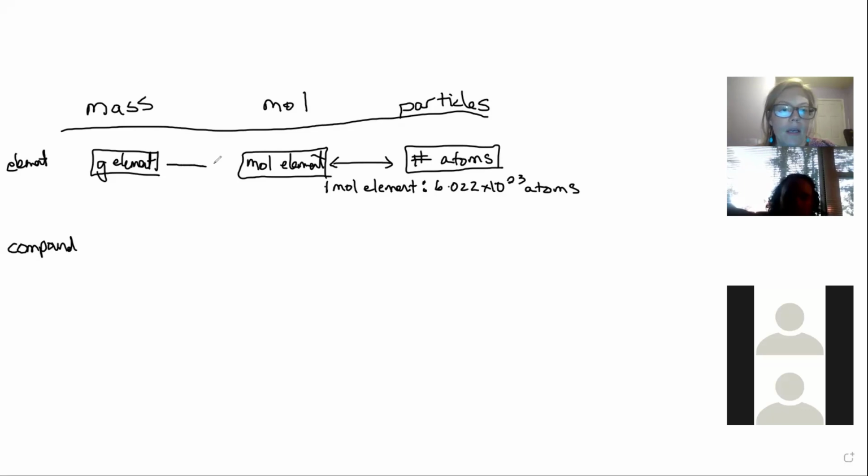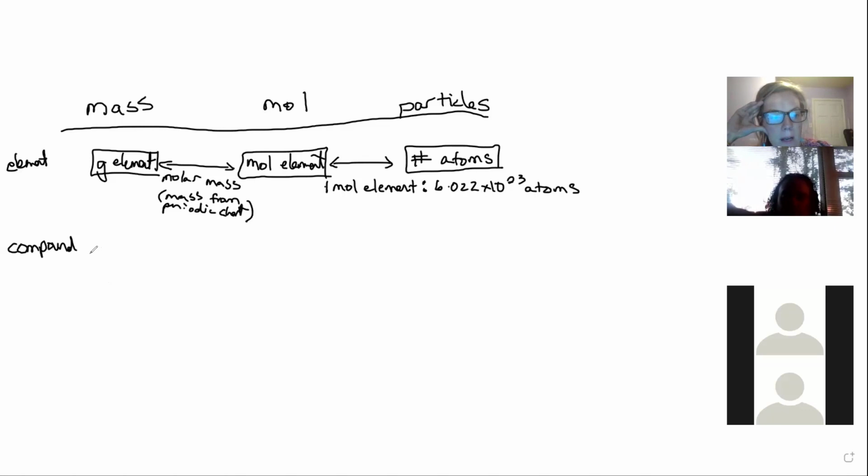We can get between these two by using molar mass. And the molar mass is not something you have to have memorized. It's the mass from the periodic chart. All right, then we can also have some calculations for compounds.